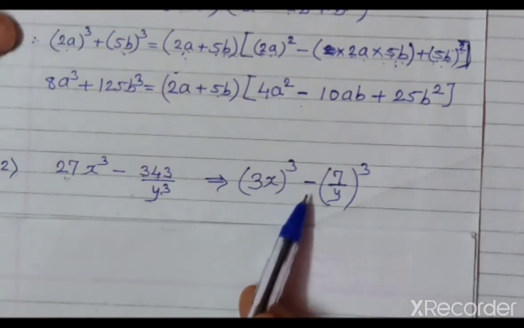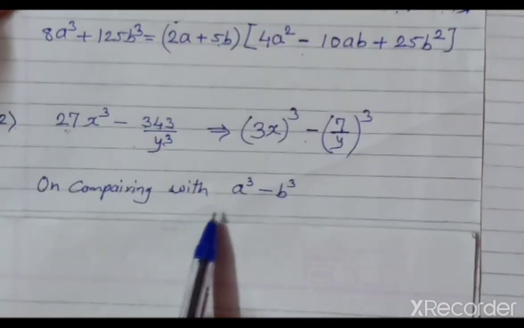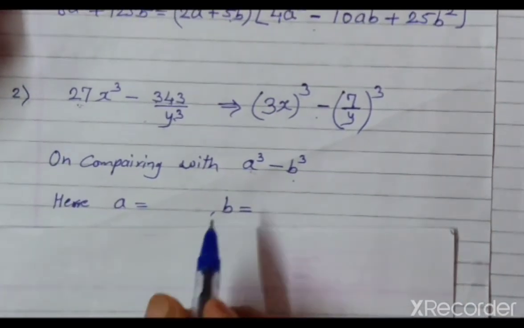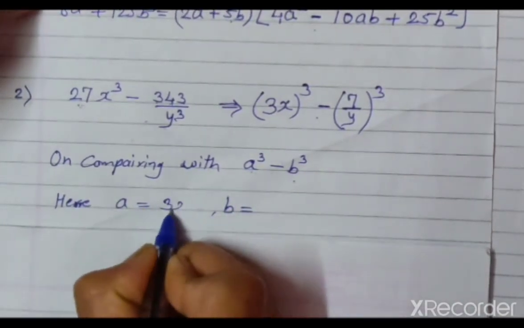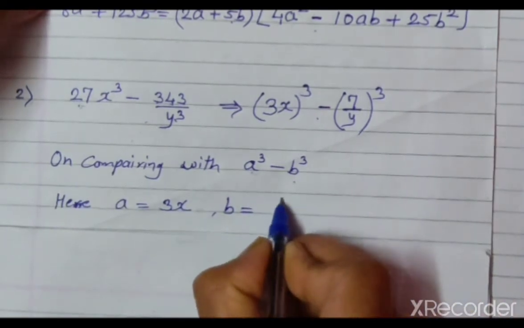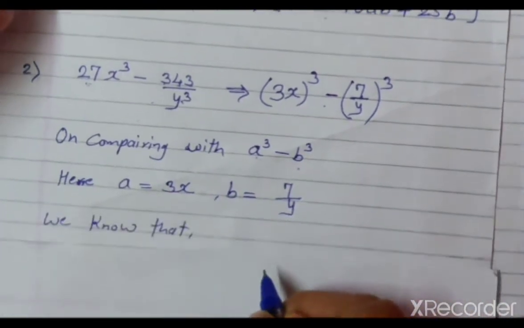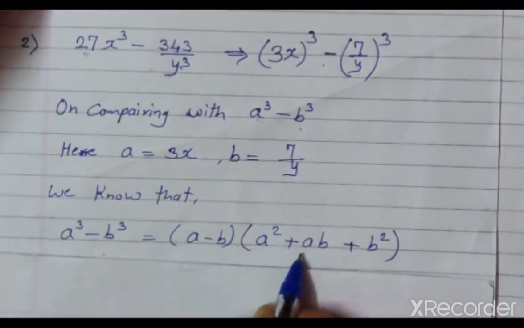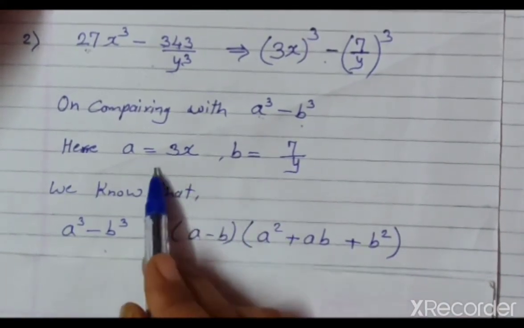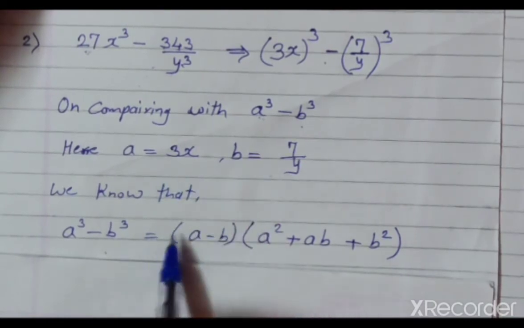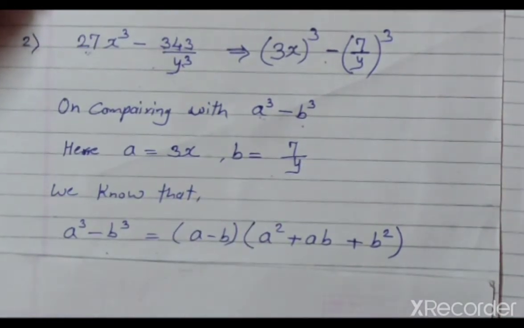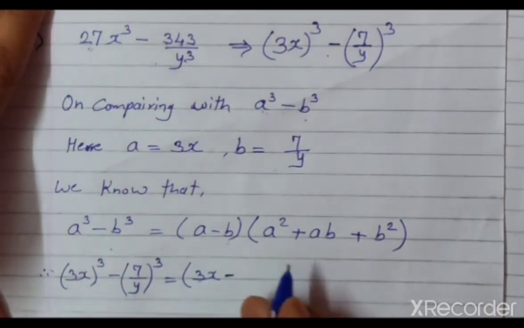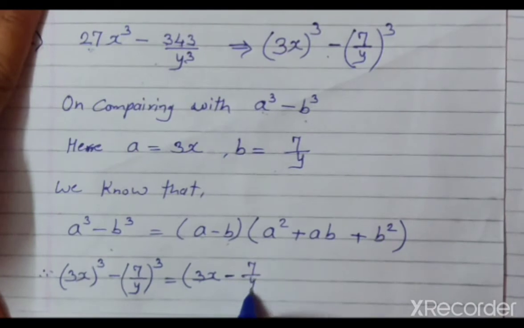Now here the minus symbol is given. So on comparing with a cube minus b cube, here the value of a is 3x and the value of b is now 7 upon y. Again we know the expansion of a cube minus b cube is equal to this one. Let's substitute this value of a and b in this formula. So this is the value of a and the value of b is now 7 upon y.